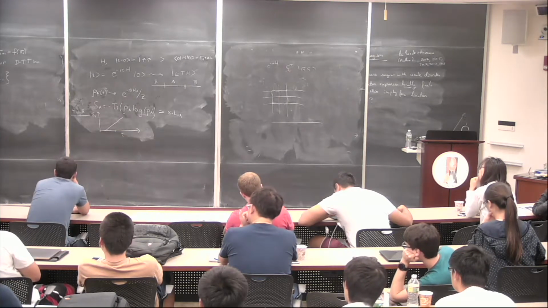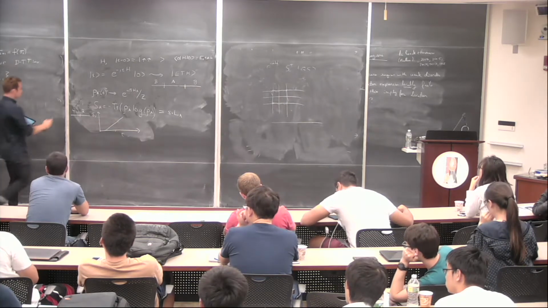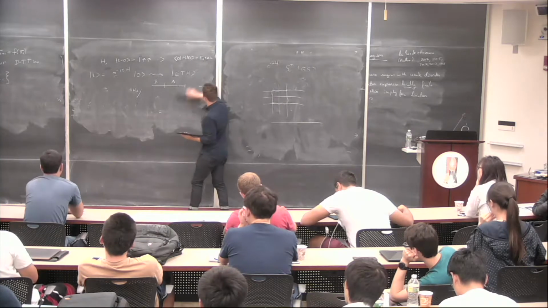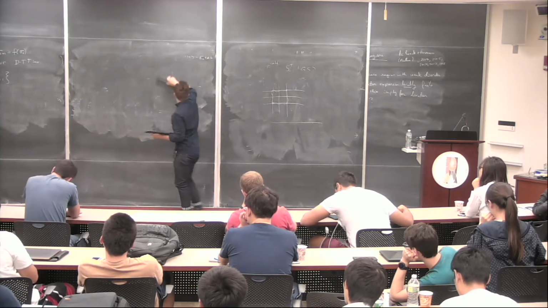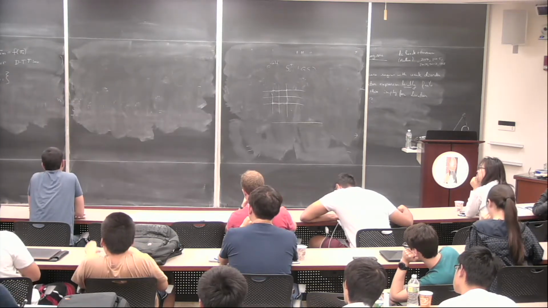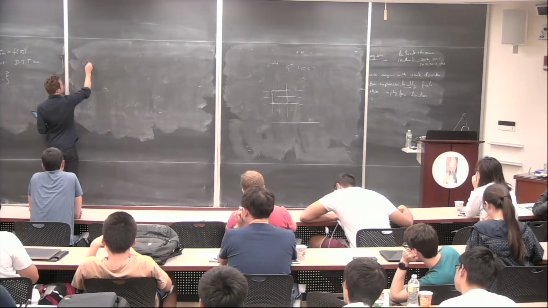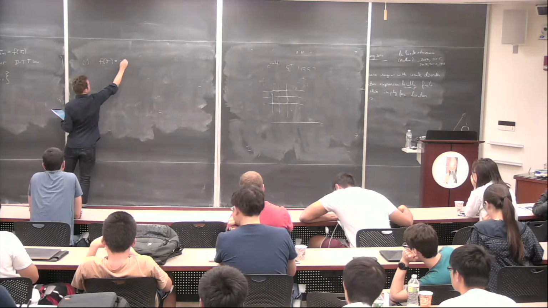So an obvious example of such dynamics would be as follows. Let's just say my state space is a number, and I'm going to choose a rule which is that f of sigma is equal to negative sigma.